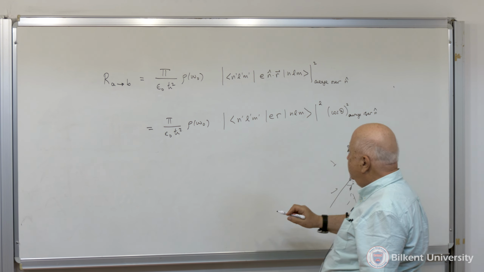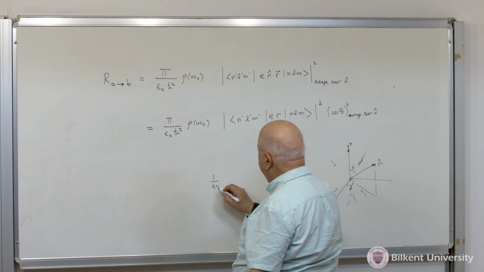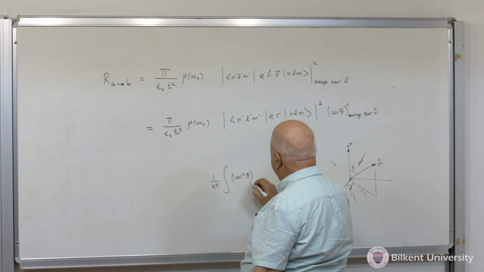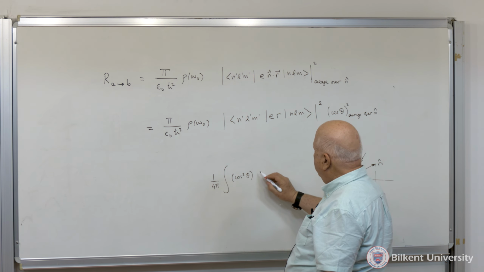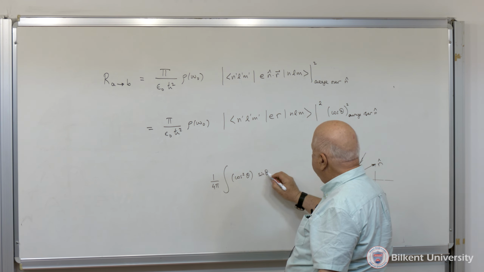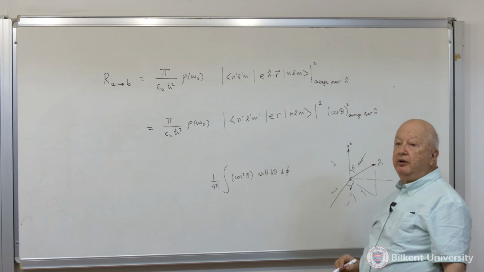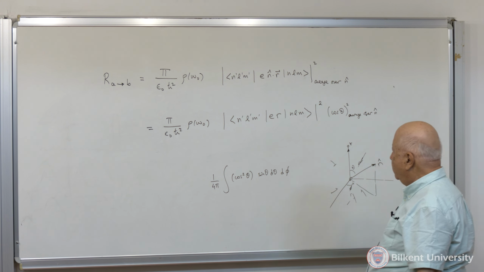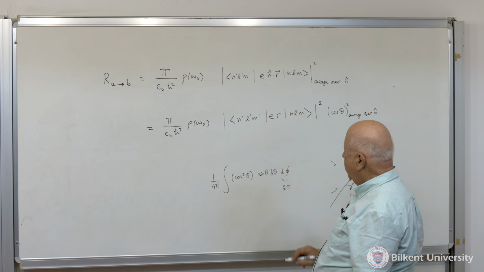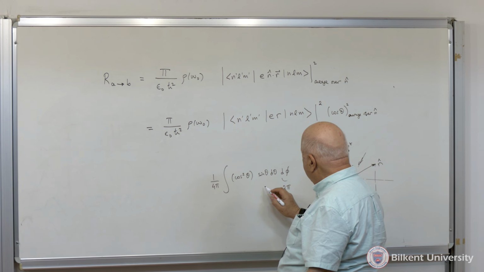If I just average this cosine squared theta, it's going to be 1 over 4 pi. So I'm averaging cosine squared theta over all angles. I'm going to get this sine theta d theta d phi factor integrated over all angles. There's no phi dependence, so the phi integral just gives me 2 pi. And this is our favorite integral.